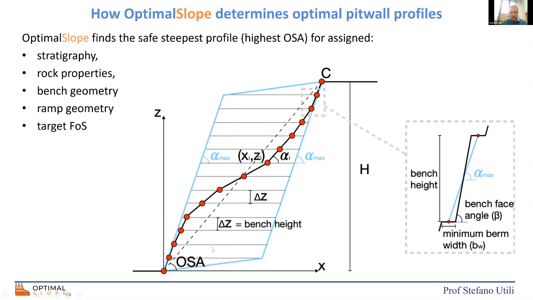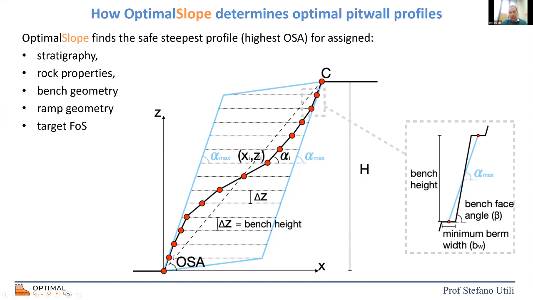Because now what happens is there is a natural way to discretize in space, and that is considering the bench height. So bench design, as I said, is business as usual. On the basis of the bench height, we now discretize the slope along the vertical coordinate.